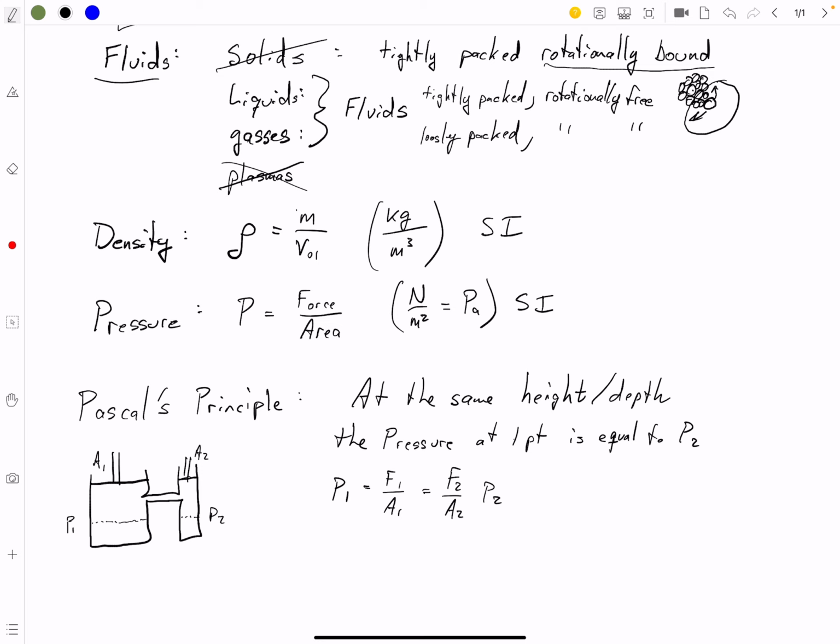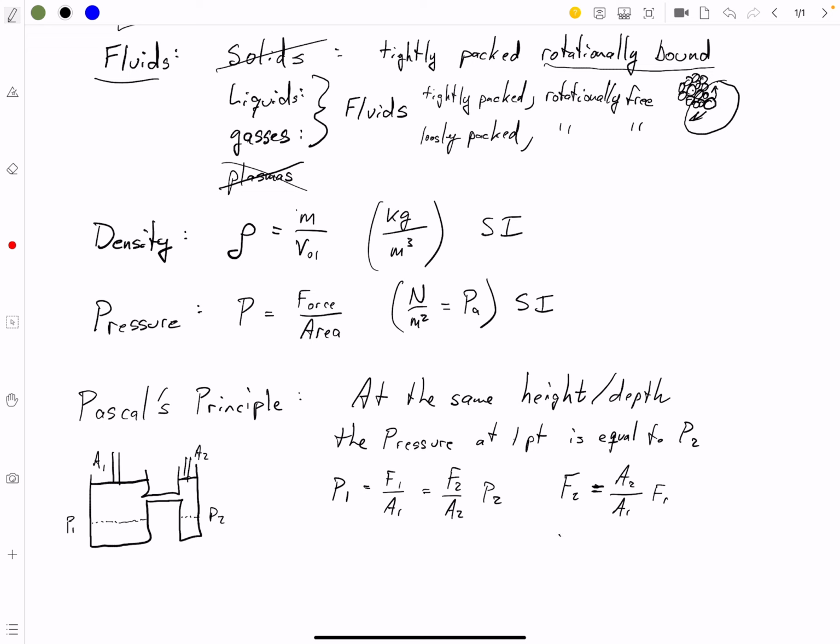And then we can amplify: a small F2 the way I've drawn it. F2 would be small and have a large F1. So F2 is equal to A2 over A1 times F1, the way I've done it.